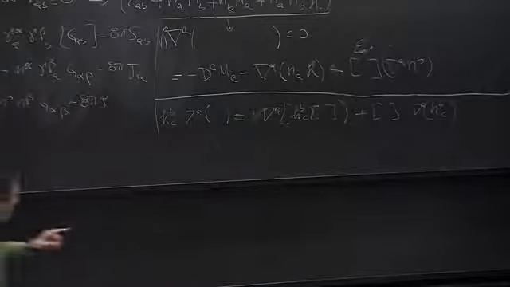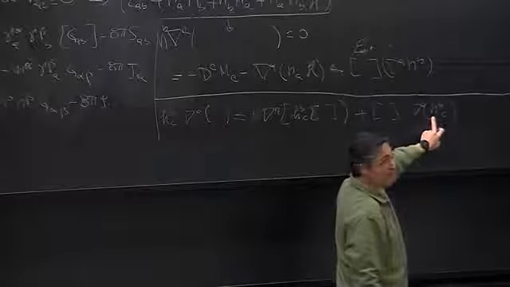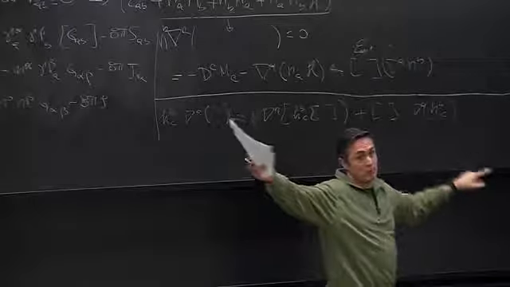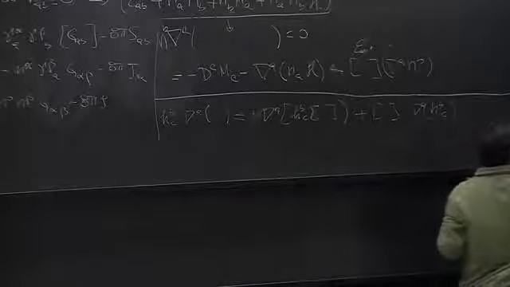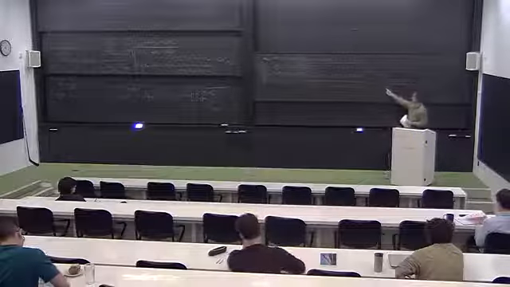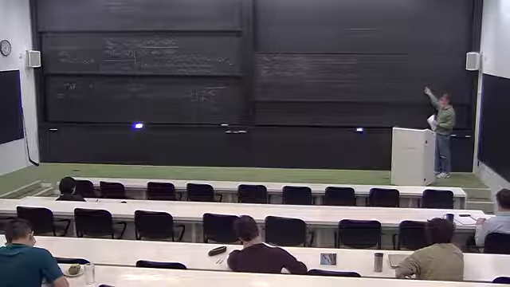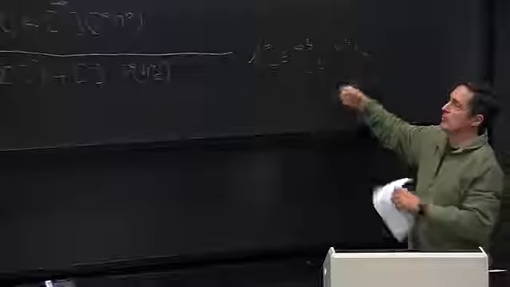So let me say a few more things. When we have to take the grad of h_BC, we remember what it was. h was... so grad of h_BC is the same thing as grad acting on g, which gives us 0, plus grad acting on n, which gives us something.